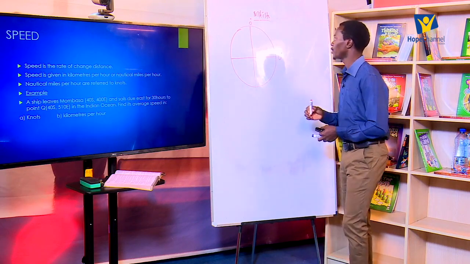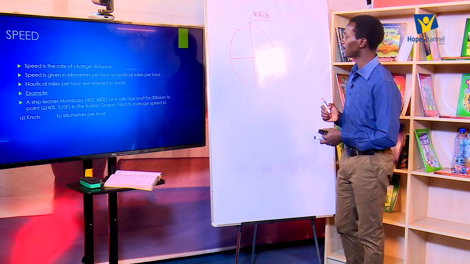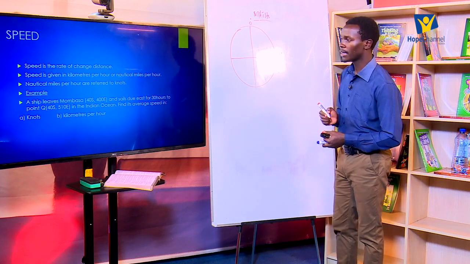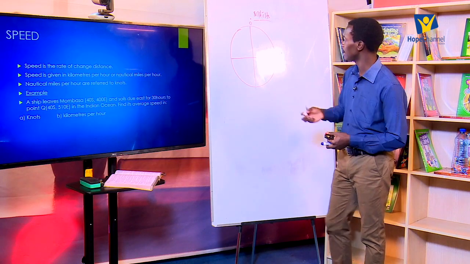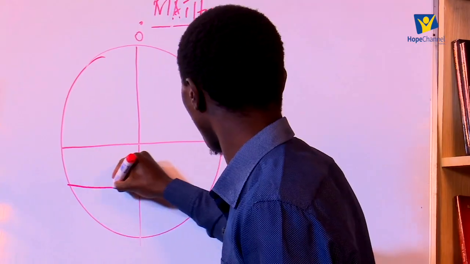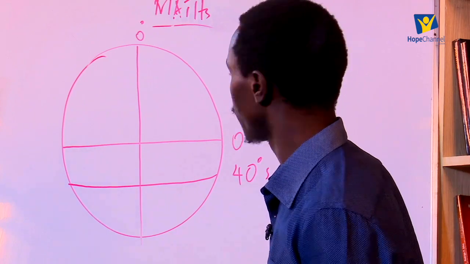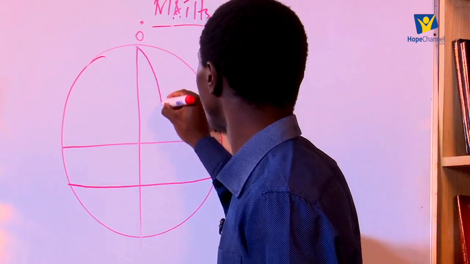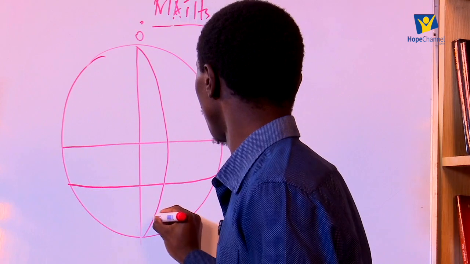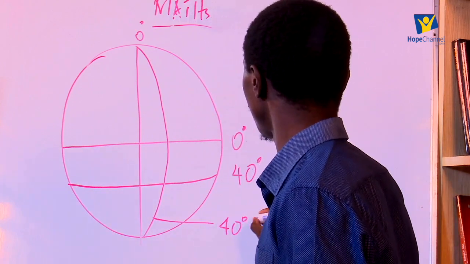After that, now locate Mombasa, which is 40 degrees south, and it is 40 degrees east.